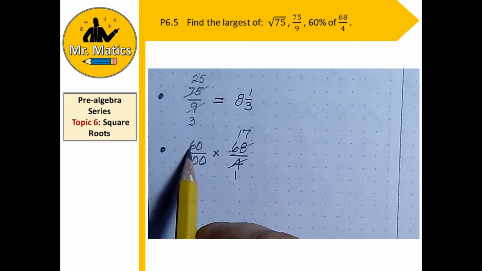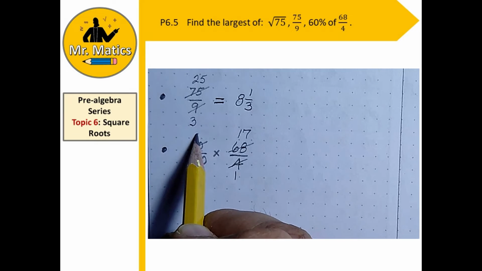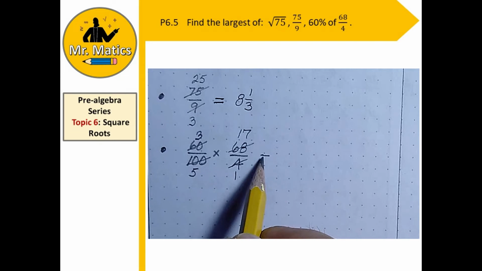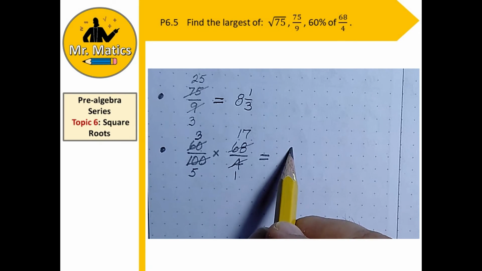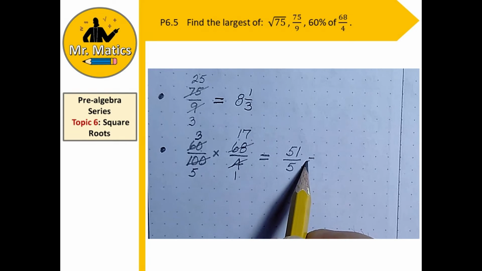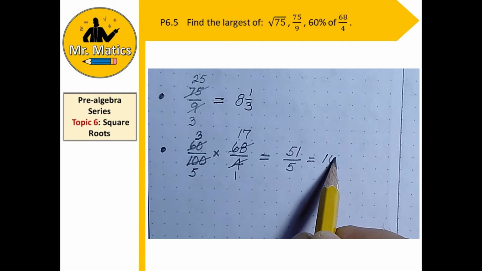Here I'm going to cancel the factor 20. So here I am getting 3 times 17, which is 51, divided by 5, or in short 10 and 1/5.